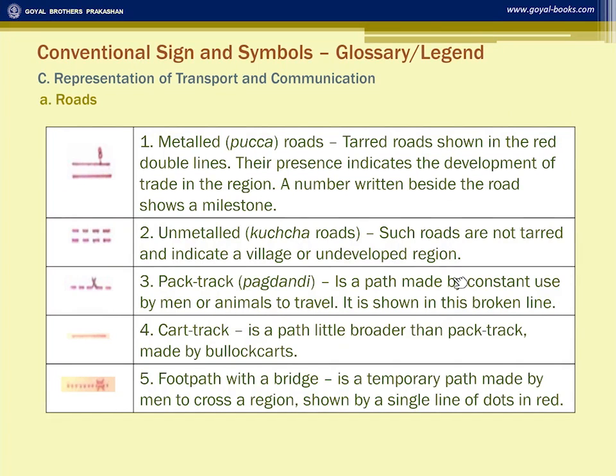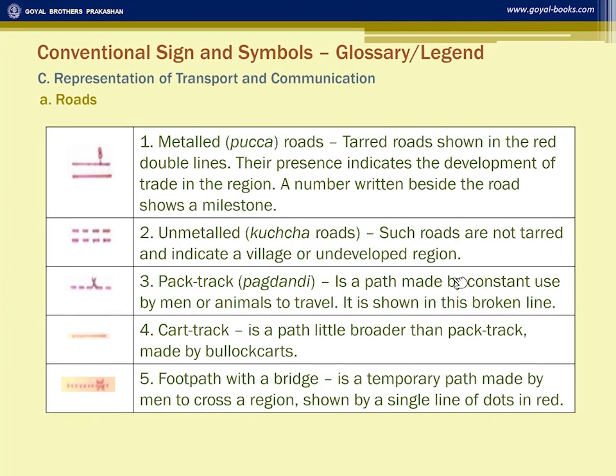And roads and means of communication, you can see they are also shown by different symbols in every category. That is, metal road are shown as continuous double line, unmetal road in dash, the pack track is shown in single dotted line, cart track is shown as a single red line, and footpath is shown with simple small dots.